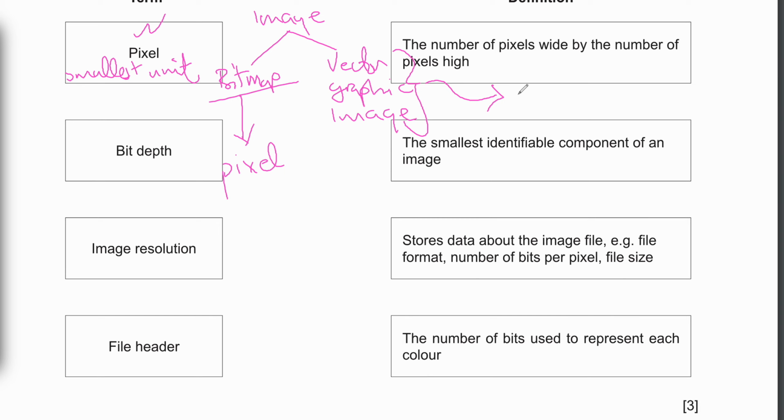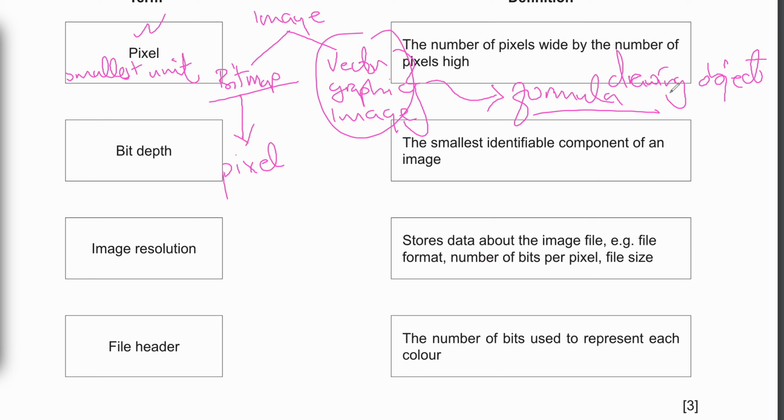They're going to be presented as a formula on how to draw the image itself. They always come through in drawing objects. That's how vector graphic images are going to be coming through. So that's where the differentiation is.